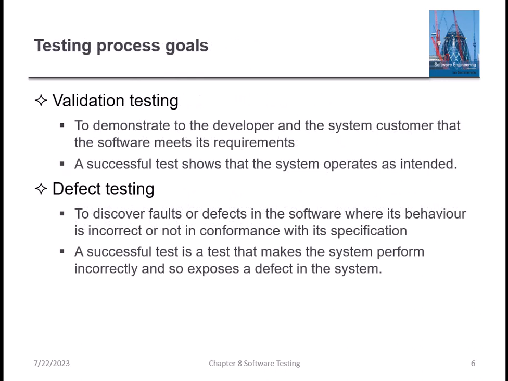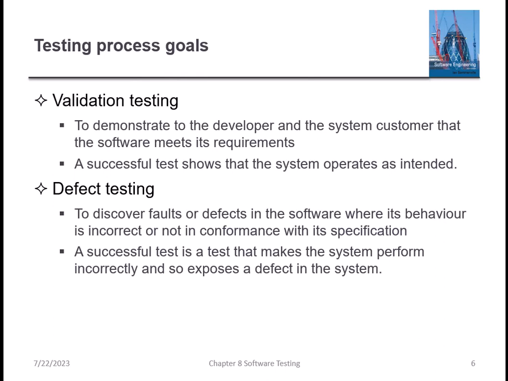Validation testing demonstrates to the developer and system customer that the system meets its core requirements. A successful test shows that the system operates as it was intended. Defect testing discovers faults, defects, and errors in the software where its behavior is incorrect or not in conformance with its specification, or we can say SRS.